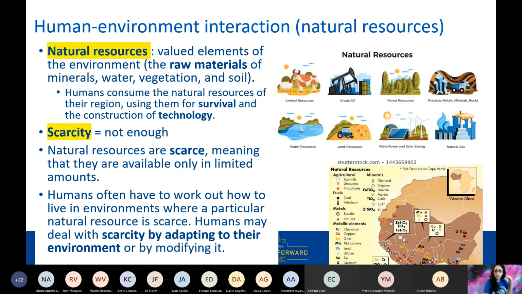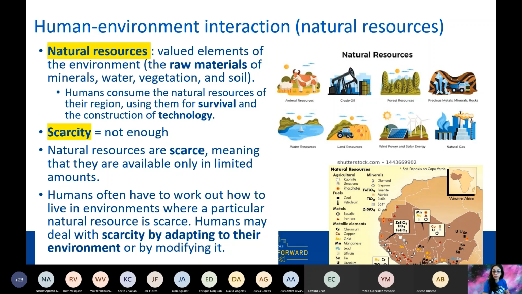And that means that people have had to work out how to live with scarce resources, how to make choices about using scarce resources, in particular environments and also in general. In terms of human-environment interaction, people tend to deal with scarce resources by adapting to their environment, so by changing their lifestyle to fit the place that they live, or by modifying the environment themselves, by changing the place to make it more livable.